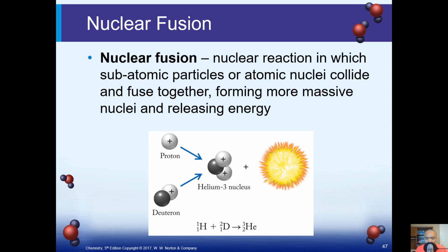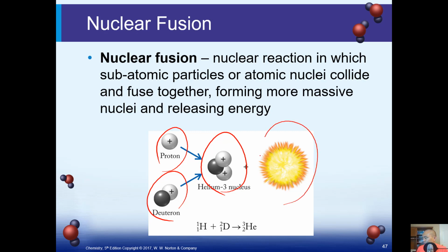The simplest example of a fusion is the reaction shown on the slide, and this represents one of the many fusion reactions that occur during the primordial nuclear synthesis, in which you have smaller particles combined to make a bigger one. This fusion reaction also releases a substantial amount of energy.